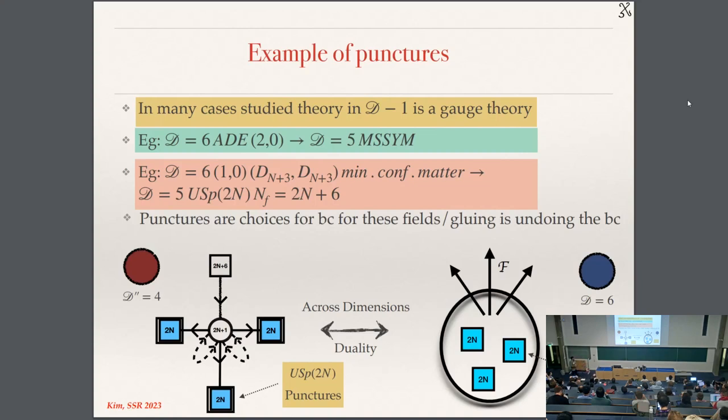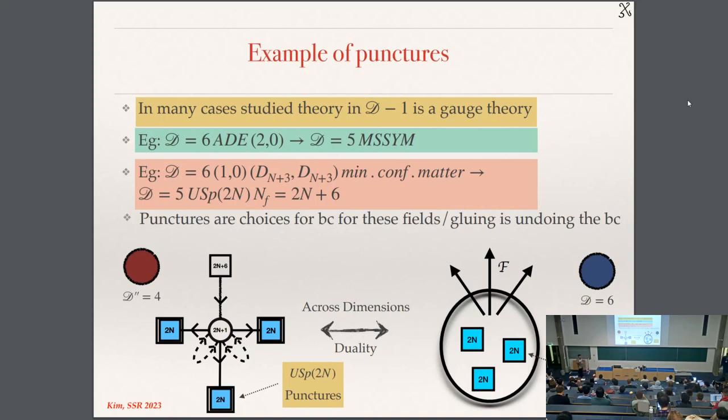And what is associated to the punctures is a global symmetry which comes from the gauge symmetry in 5 dimensions. So when you put these boundary conditions, you typically freeze the gauge degrees of freedom at the boundaries, and then this gives rise to additional global symmetries in a lower number of dimensions.